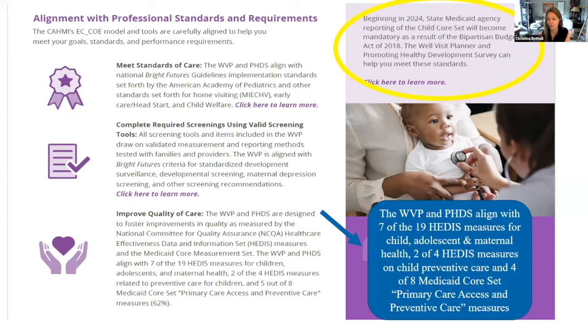For example, the Well-Visit Planner and PHDS together align with 7 of the 19 HEDIS measures for child, adolescent, and maternal health, 2 of the 4 measures on child preventive care, and 4 out of the 8, or half, of all the Medicaid core set measures. So using this helps you promote that. It's going to be mandatory reporting soon.